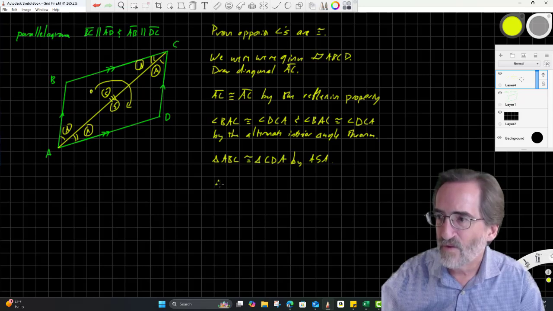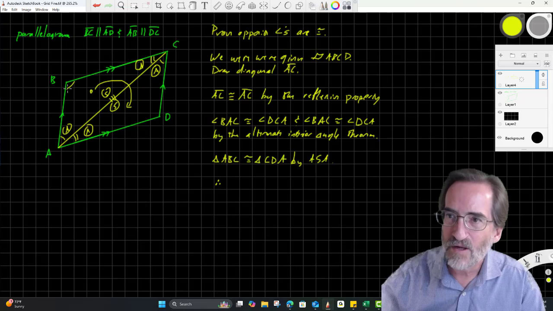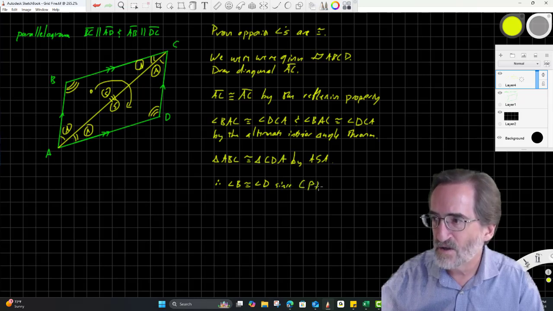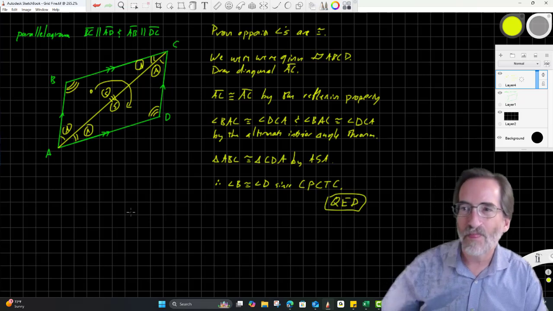Therefore, corresponding parts. Therefore, angle B is congruent to angle D, since corresponding parts of congruent triangles are congruent. Quod erat demonstrandum. I said it, therefore I proved it.